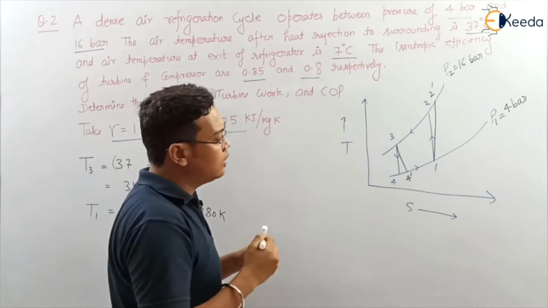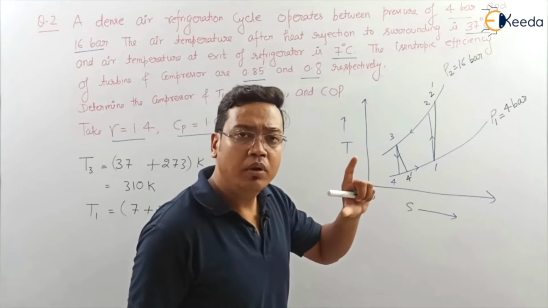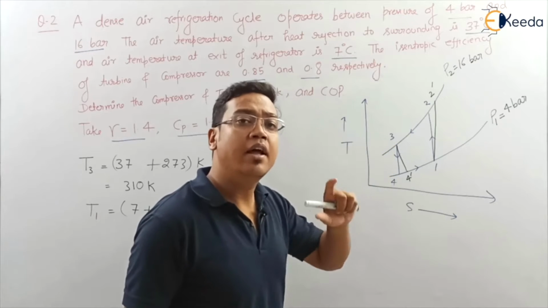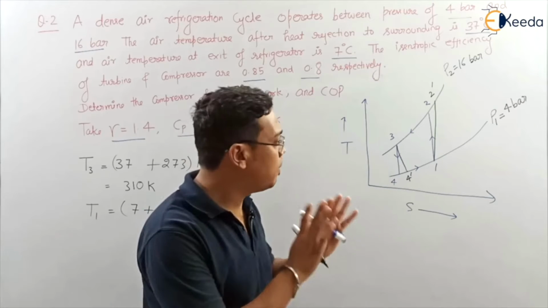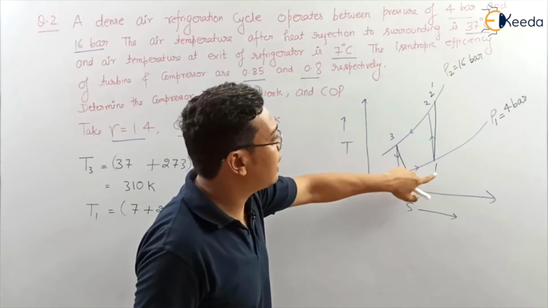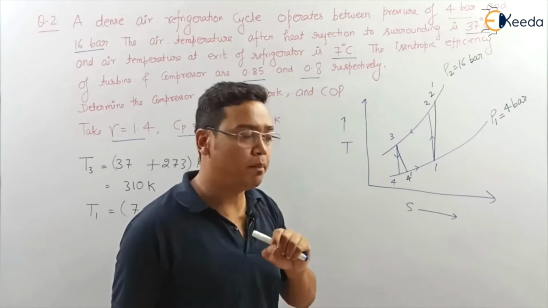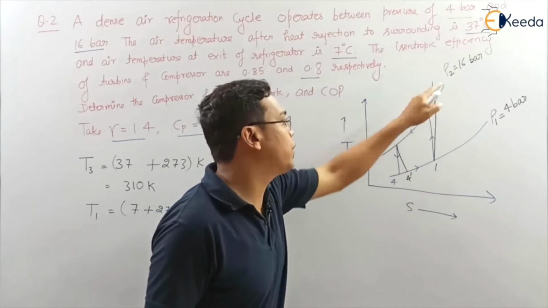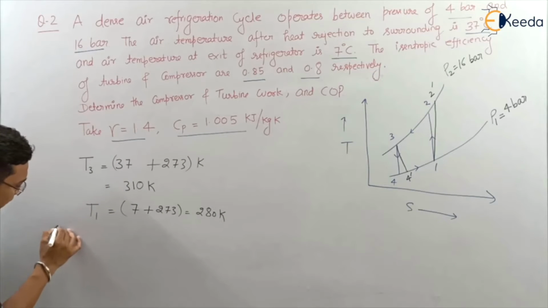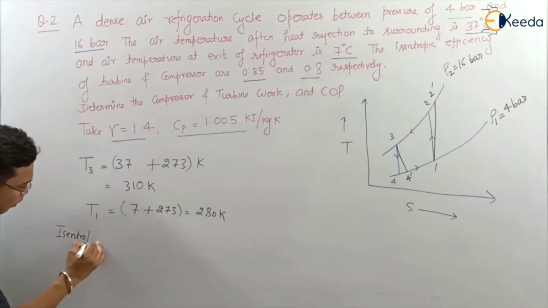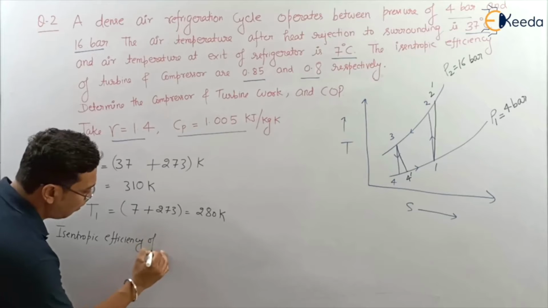We will use isentropic compression and adiabatic compression, that means the isentropic efficiency of turbine and of compressor. So first we will take the isentropic efficiency of compressor, 1 to 2 and 1 to 2 dash.